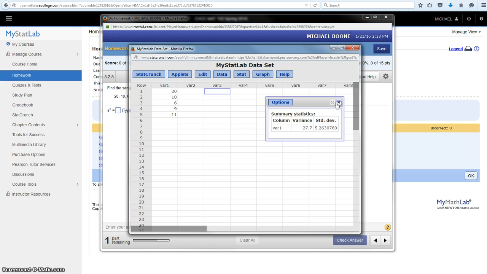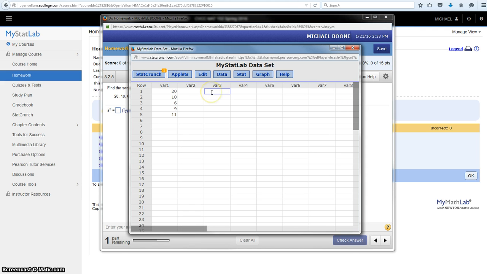Let's look at something. If I had some numbers like 8, 8, and 8, and then I had 5, 8, and 11, and I had 0, 7, and 17.